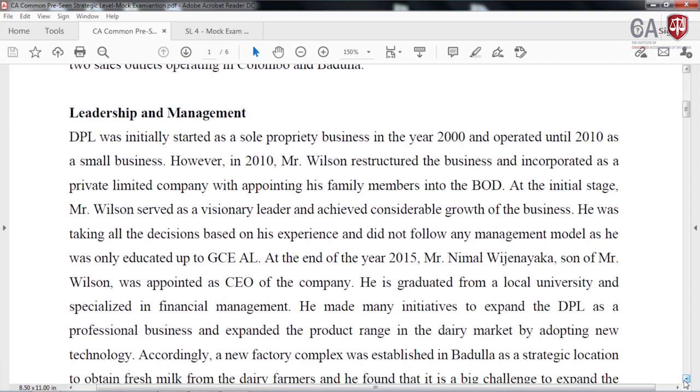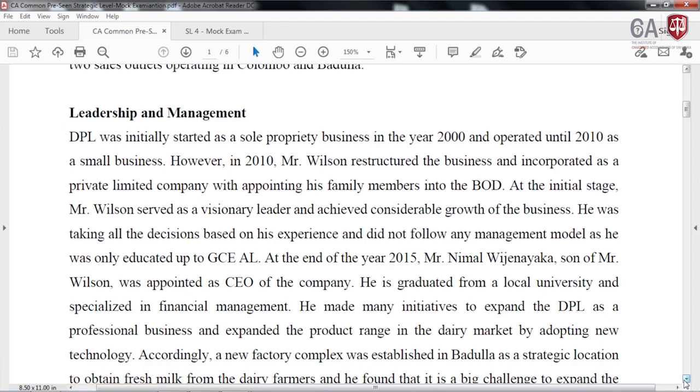The leadership and management. Now, more information is given about the leader. DPL was initially started as a sole proprietary business in the year 2000 and operated until 2010 as a small business.